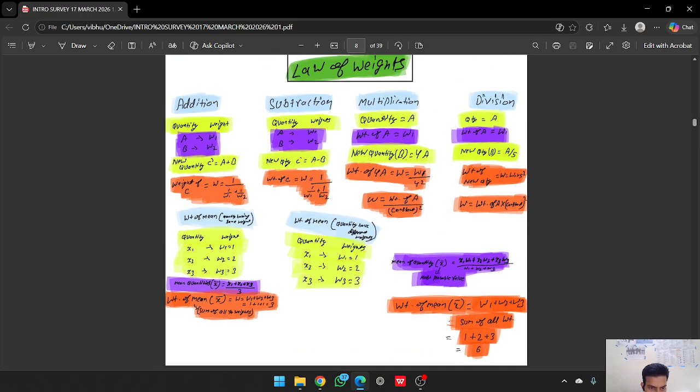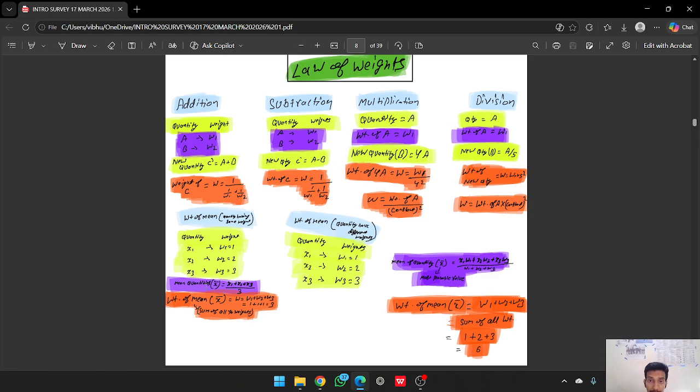The mean quantity means we calculate the average. So x1 plus x2 plus x3, with weights 1 plus 1 plus 1, so we find 3 divided by 3, which is known as the mean of the quantity.